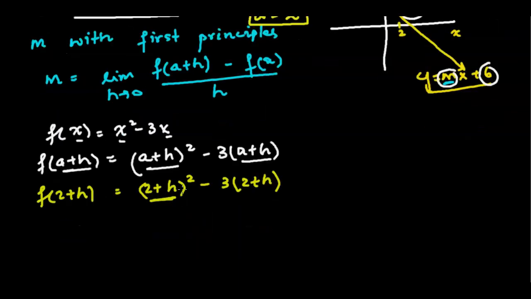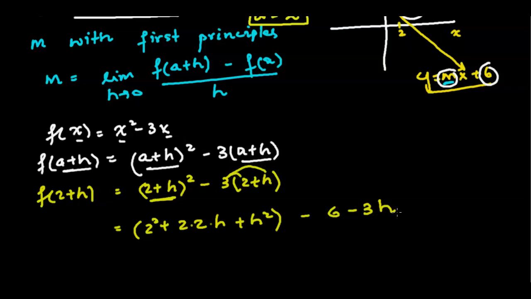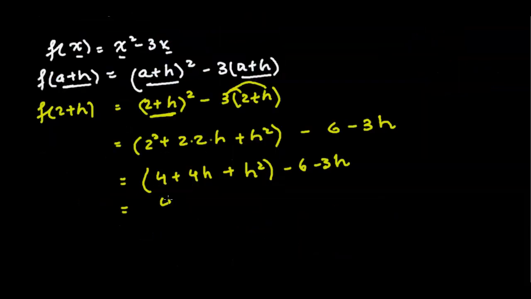Because this represents a plus b whole square, we can apply the formula for a plus b whole square. That gives us a square plus 2ab plus b square, minus, we expand this and we get 6 minus 3h. When we simplify it, we get 4 plus 4h plus h square minus 6 minus 3h.